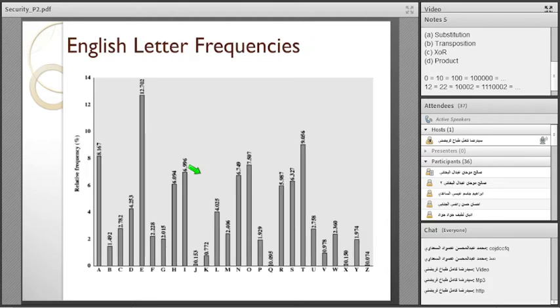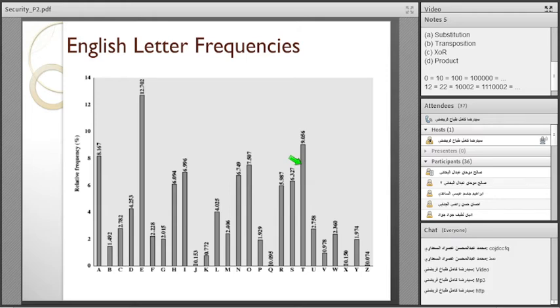For example, in English the number of repetitions of the different letters is different. E appears the most frequently in English texts, and after that is A, and after that is, for example, T, and so on and so forth.